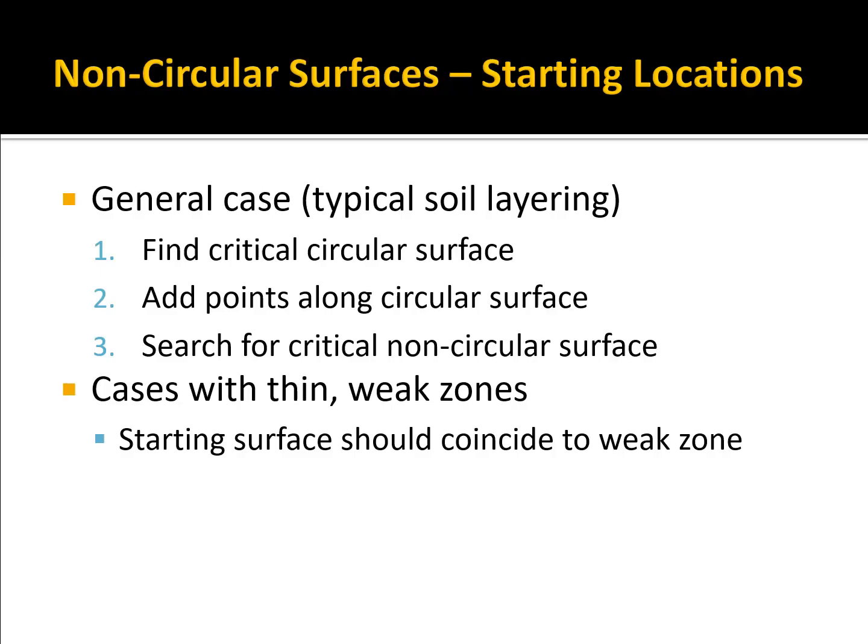A circular surface is generally close to the critical surface, but not exactly. So starting with a circular search and then making it non-circular and letting it warp itself through the search process until it finds the true critical non-circular surface is not a bad strategy. It could give you a really nice global minimum factor of safety.